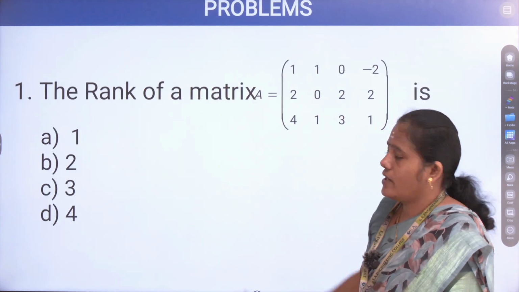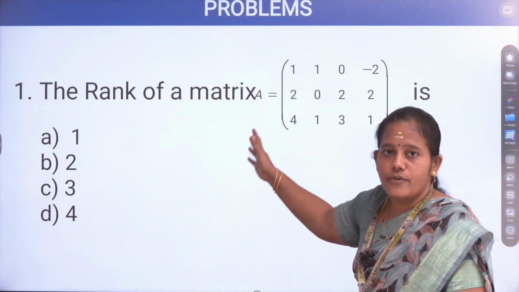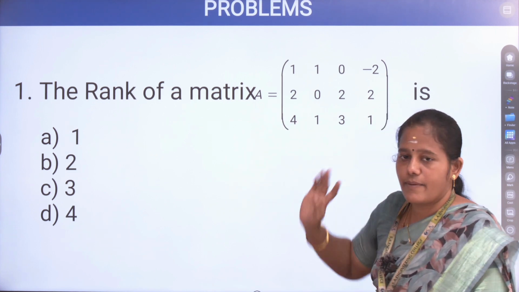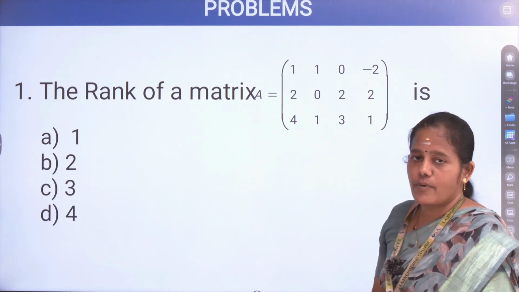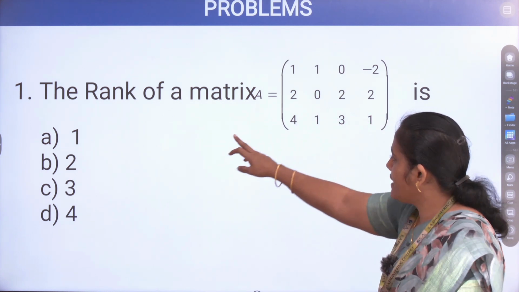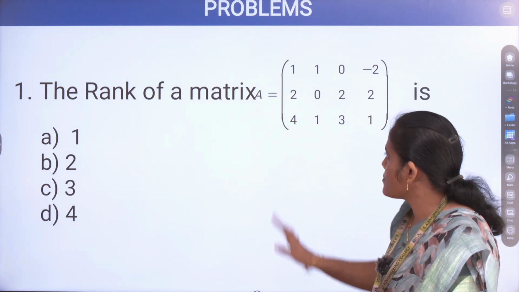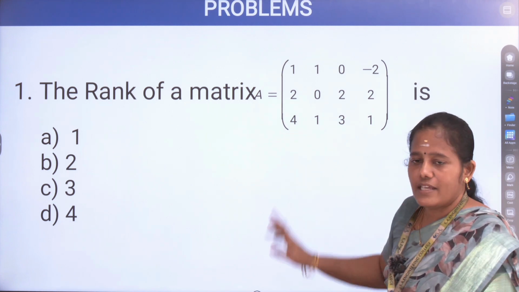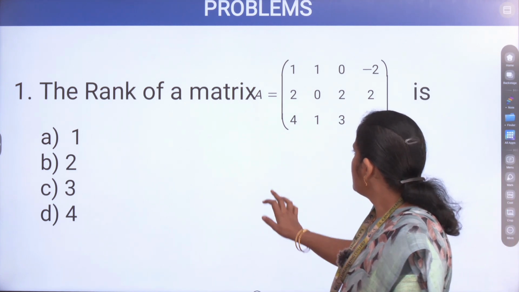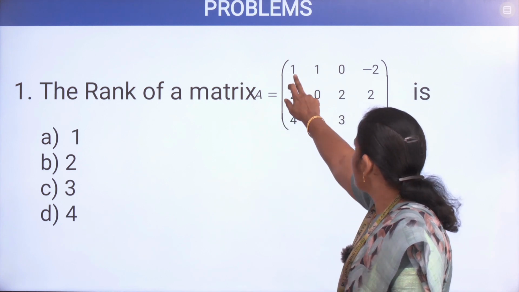Now we are going to discuss a few sums for the rank of a matrix. See the first problem: find the rank of this matrix. That is the question. So using the row equivalent form, see the first element.